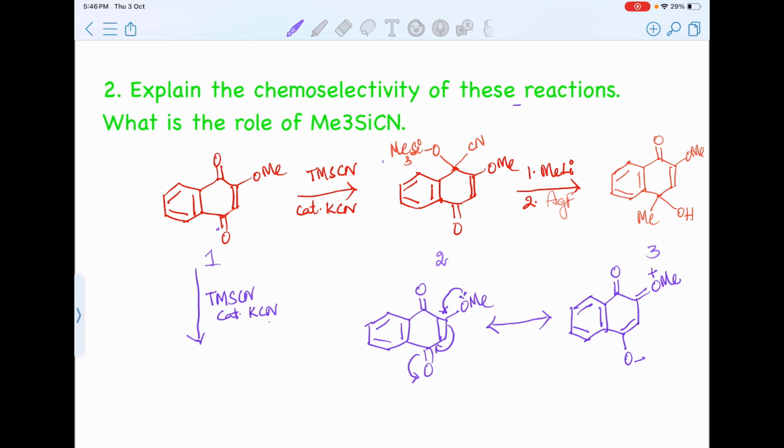So here in the first step, the more reactive carbonyl is protected with the TMS cyanide, and we get the cyanohydrin.